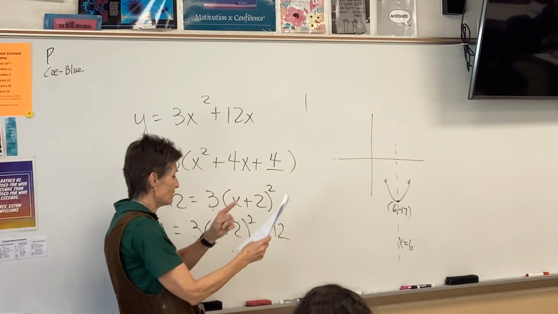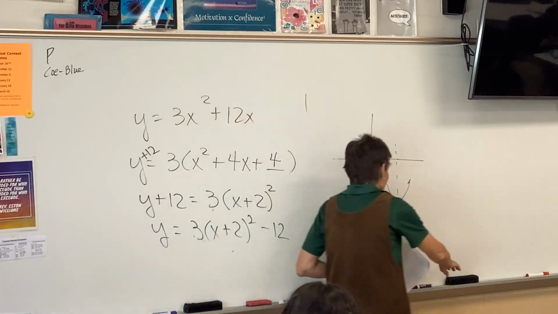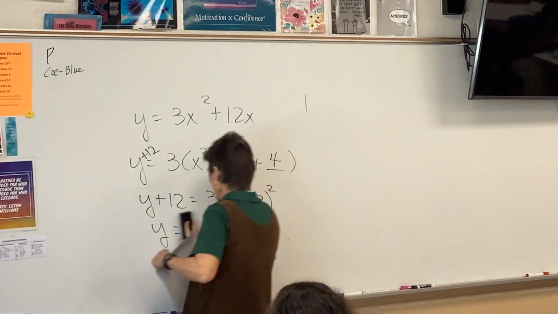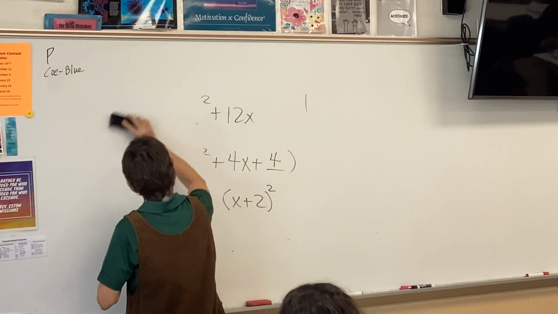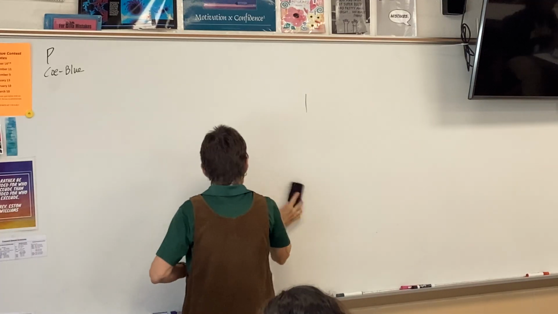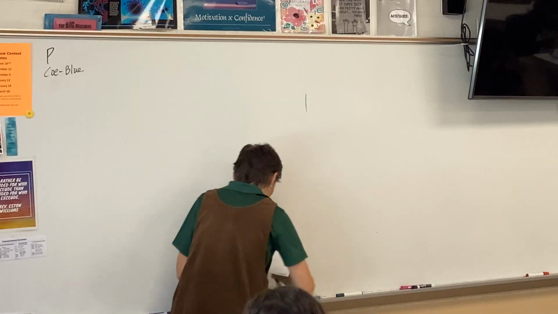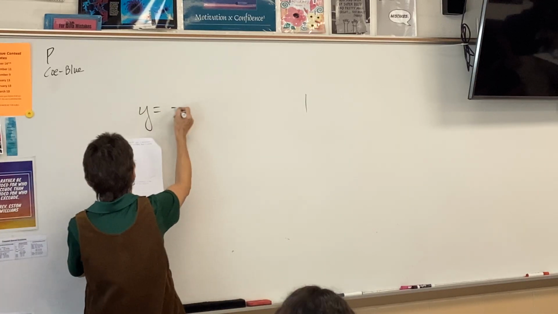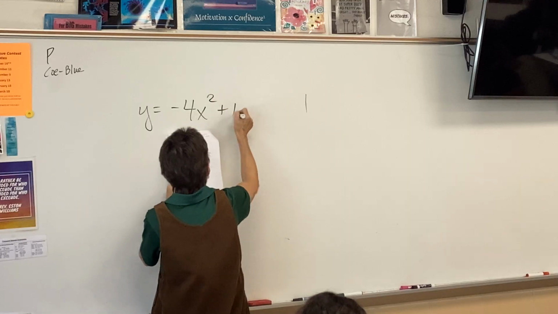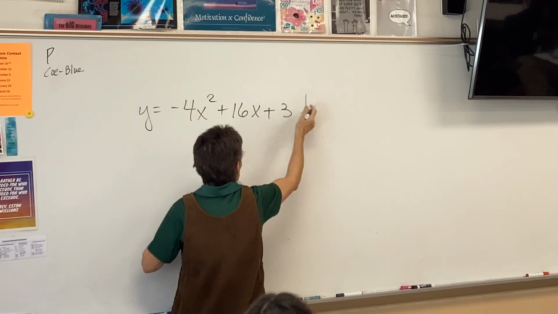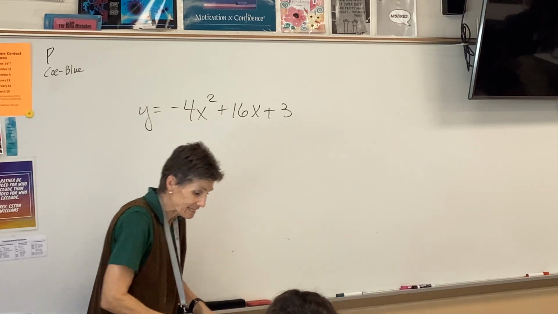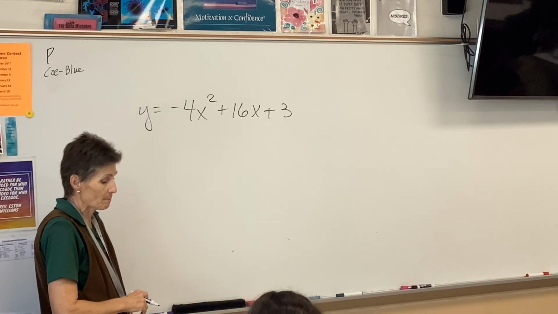Stop. We're ready. Let's look at number 5, so I'll show you the shortcut right now. You may have learned this last year. There is a little formula. Here is a little formula for finding the axis of symmetry.